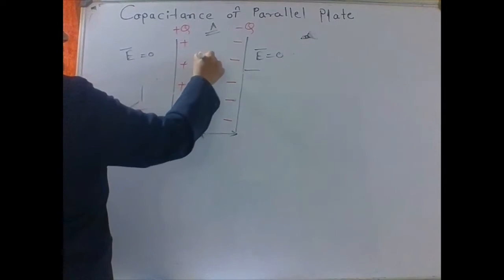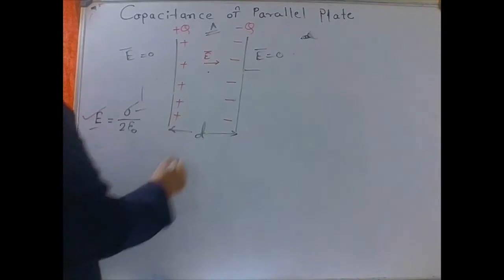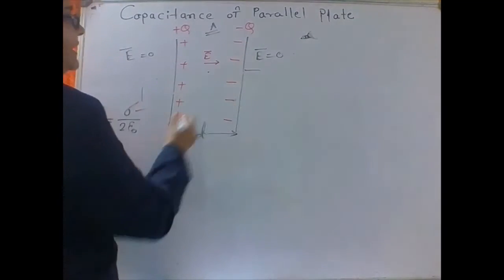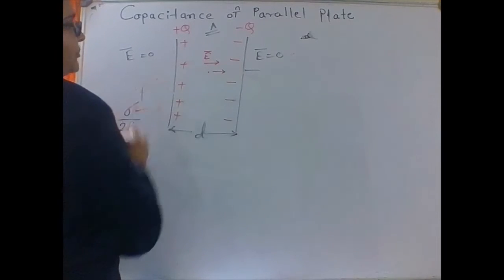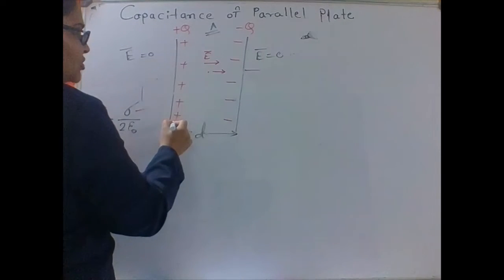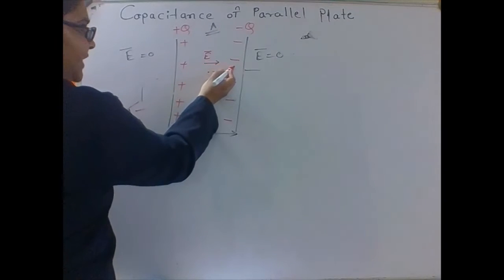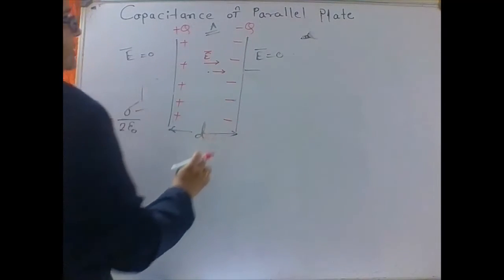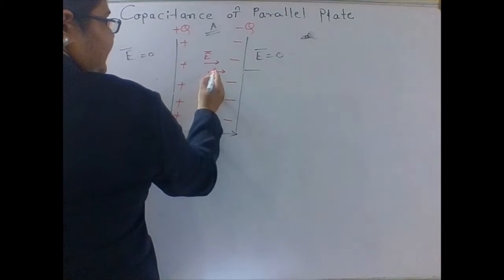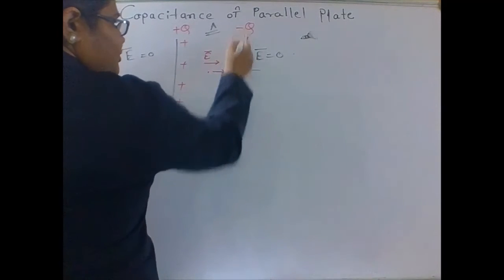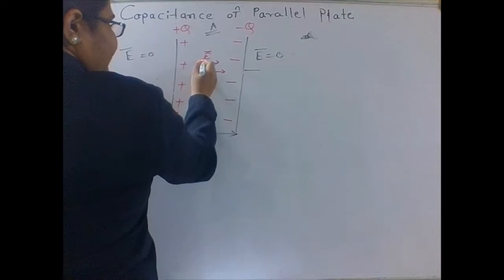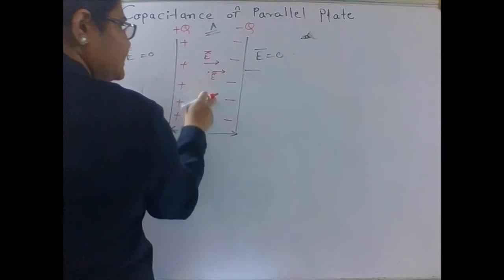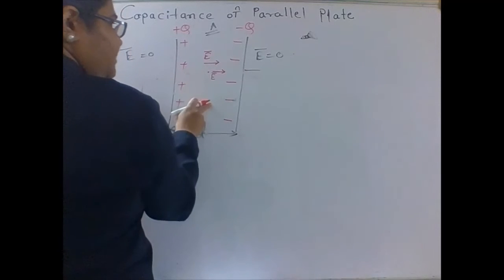This side. And due to the negatively charged plate, it is towards the negative. Because of the positive charge, the direction of the electric field is outward, and because of the negatively charged plate, the electric field is inward. Therefore, the electric fields are in the same direction and of the same magnitude.